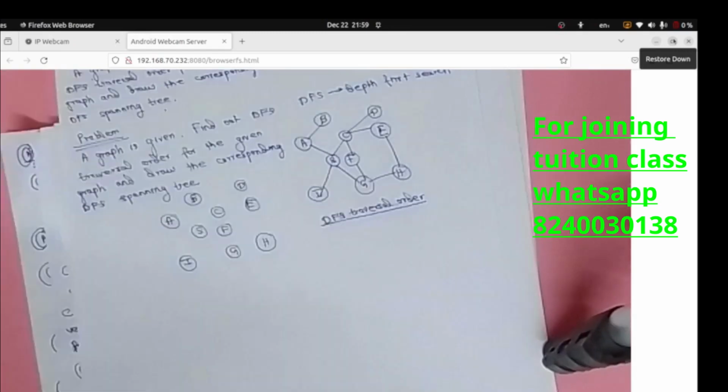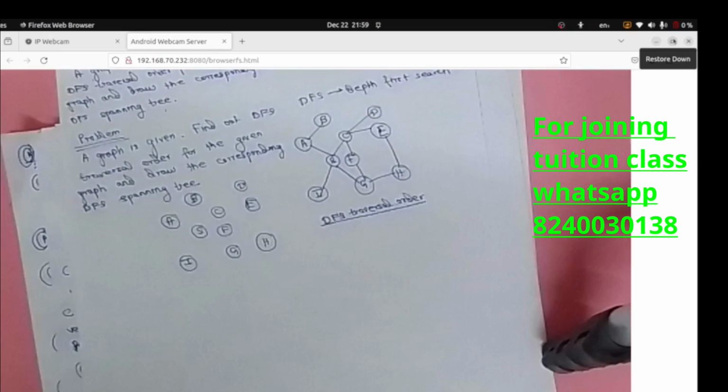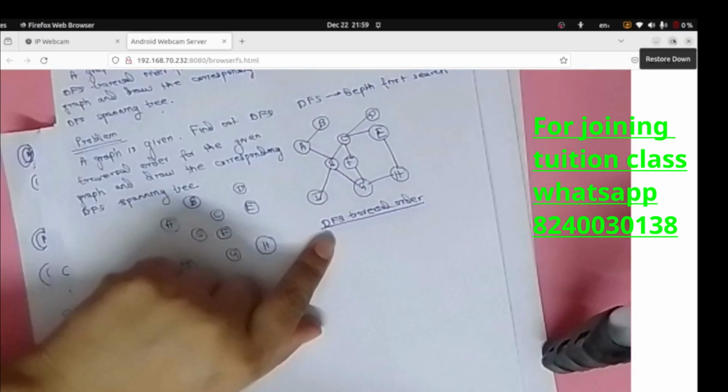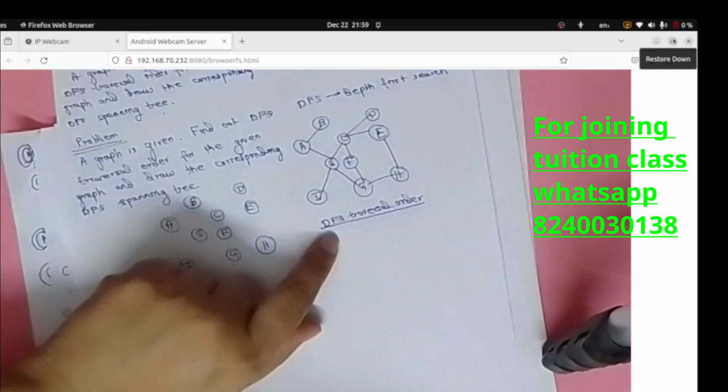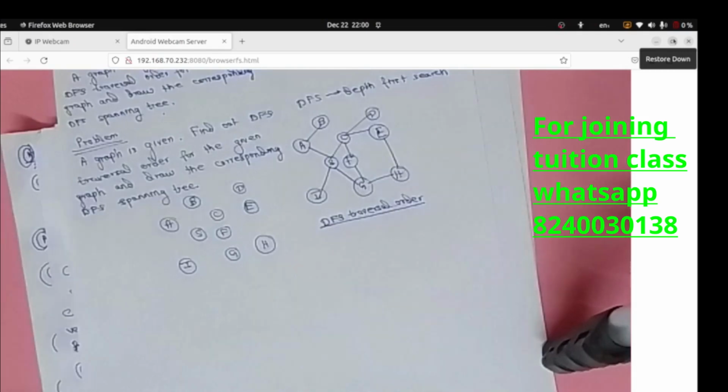Now, I have to use a stack, and I have already told you that only two operations on the stack are possible: push and pop. When there is a push operation, a new vertex is inserted into the stack as the topmost element, and that vertex comes into the depth first traversal order. A push means we are moving forward from a particular vertex to the next vertex.